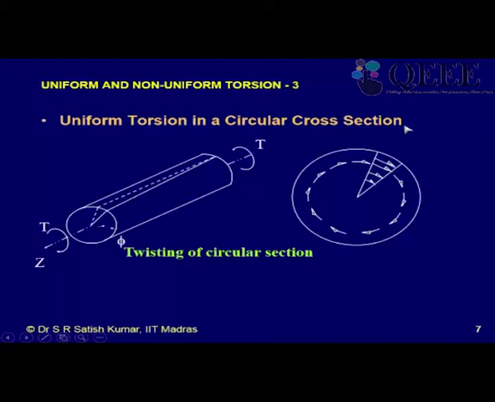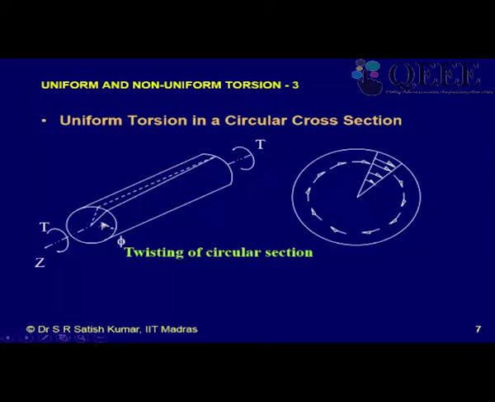So that is what this says: uniform torsion or constant torsion in a circular cross section. So basically, going back to your strength of materials equations or derivations, you know that if I apply a pure torsion to a solid circular section, it will twist by an angle theta. That is, again, we go similar to the pure bending. We make an assumption that plane sections which are plane before twisting will remain plane after twisting.